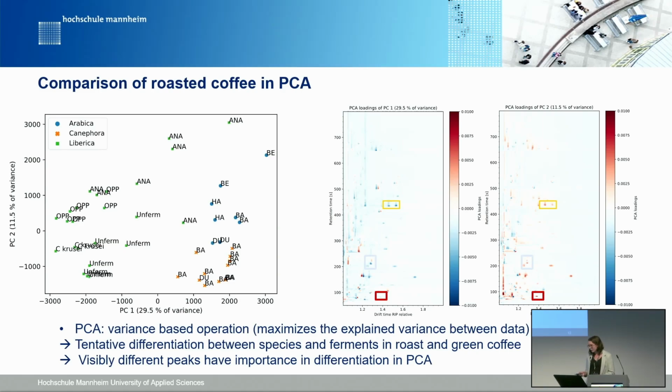And as you can see here with the blue points, these are the Arabicas, then here we have a cluster of Canephoras, and here this larger cluster of Libericas, and you can see that here is one yeast that was used for fermentation, there is a second cluster of yeasts that were used for fermentation, there's a third cluster of other yeasts that were used for fermentation, and a cluster of the unfermented Libericas. So we are already able, with just a simple variance-based PCA, to not only differentiate between the species, but also between the yeasts that were used for fermentation.